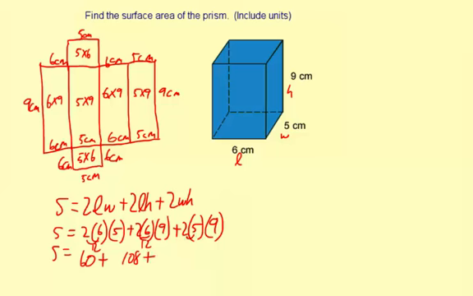Okay, now this next one, 2 times 5 is 10, and I know 10 times 9 is 90, so it'll be plus 90. So then we need to add these three numbers together to get the final surface area. So S equals, and it'll be 60 plus 108, which is 168, and then plus 90 more. It's going to be 258.